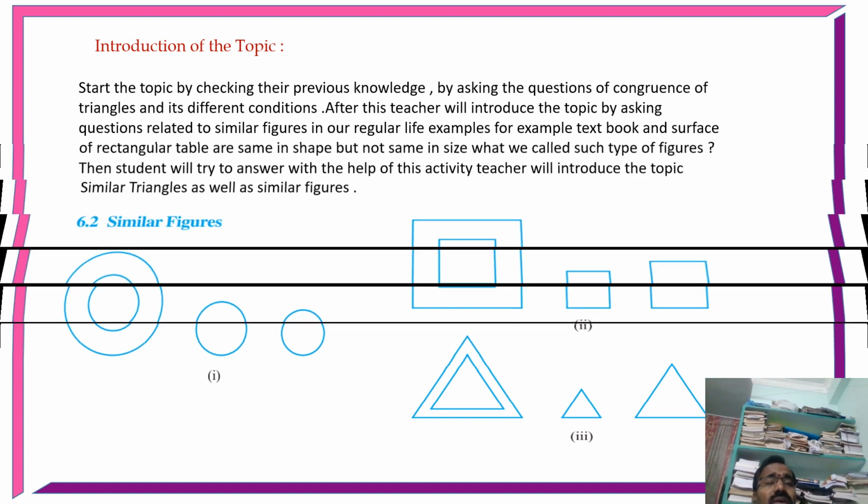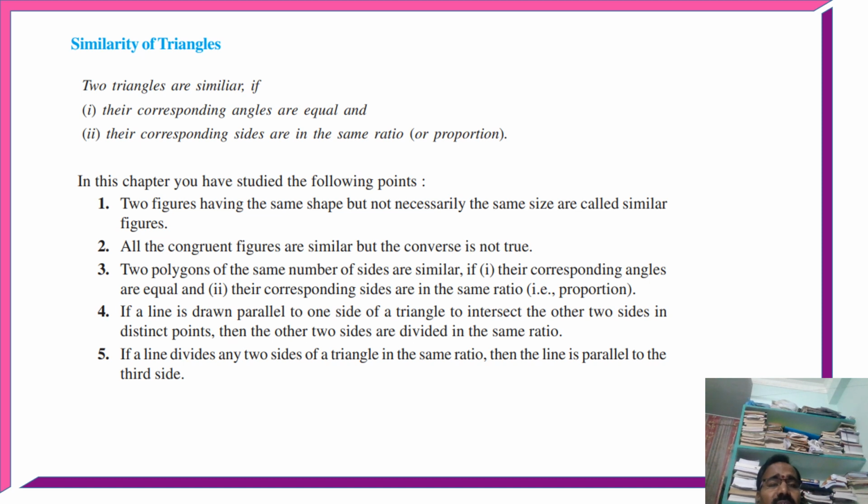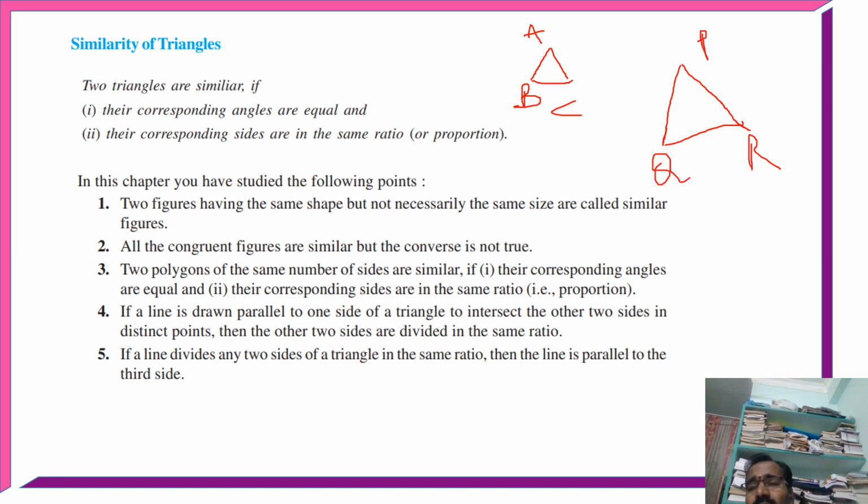Here it is given the definition of similarity of triangles. Two triangles are similar if their corresponding angles are equal and their corresponding sides are in the same ratio. Let us take triangle ABC and triangle PQR. They are not congruent because they are not the same size, but they are similar when the corresponding angles are equal.